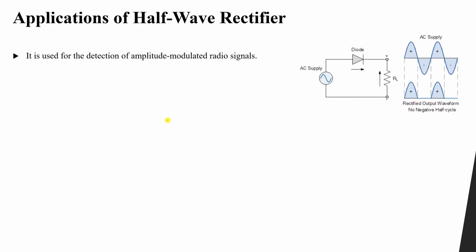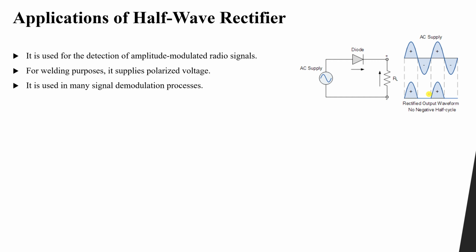Number one, it is used for the detection of amplitude modulated radio signals. It's used in welding purposes. It gives a polarized voltage, a voltage with one polarity, for example positive only. Since it rectifies a signal, it can be used in many signal demodulation processes.